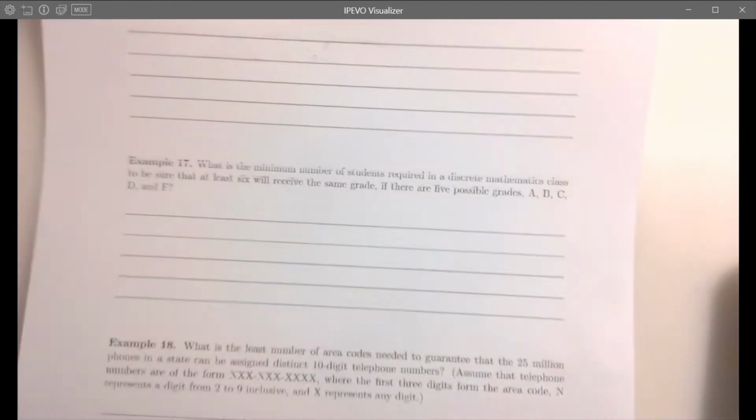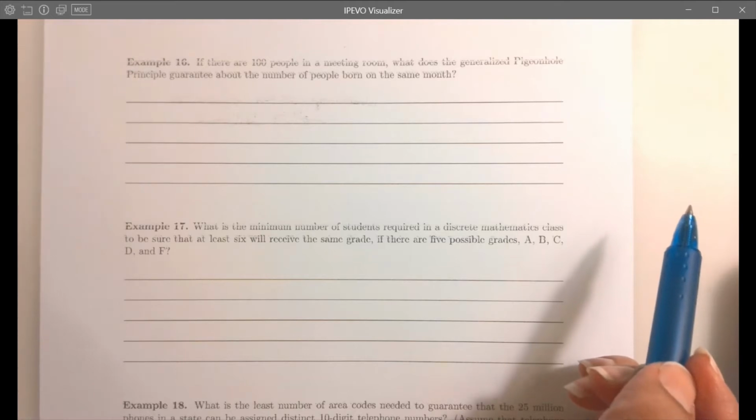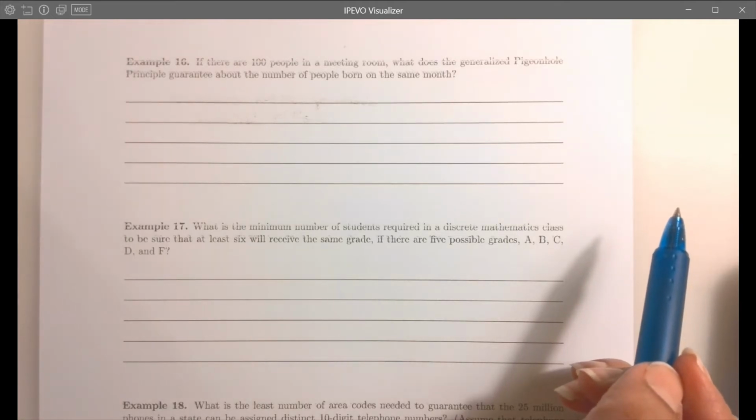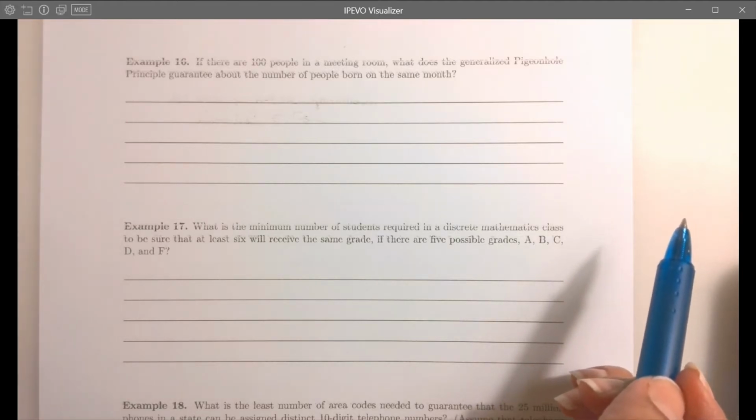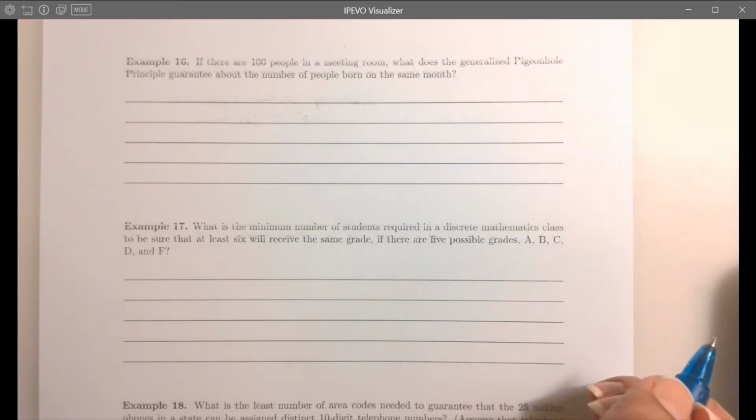Alright, so to get a better idea of what that principle is saying, let's consider example 16. If there are 100 people in a meeting room, what does the generalized pigeonhole principle guarantee about the number of people born on the same month? In this case, the boxes or the categories that we're considering are the months, because we want to know how many people fit into that same birth month.